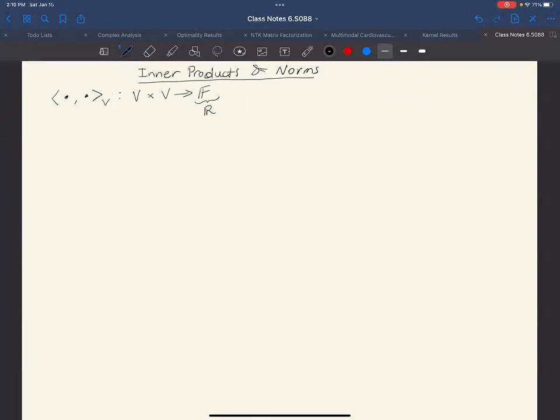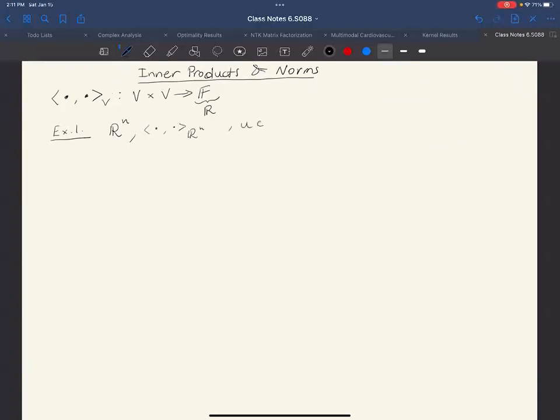But I just wanted to provide some examples here that will be useful for the course of what are some useful inner products. So let's just go over some of the standard ones you have seen. So if I take the vector space Rn, and I consider the usual inner product on Rn, what does this look like?